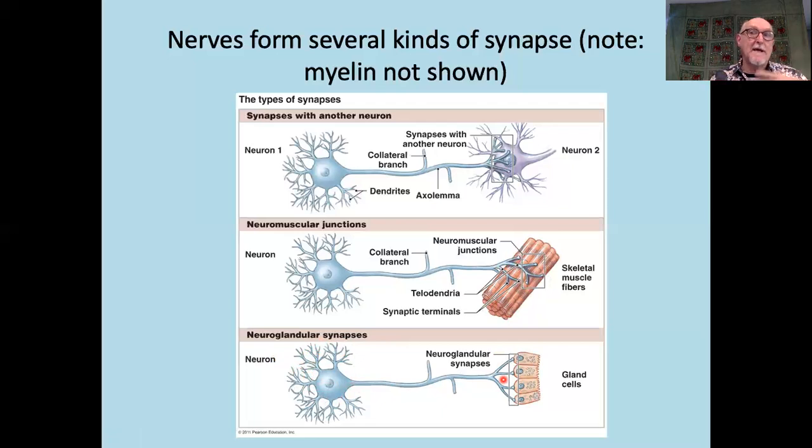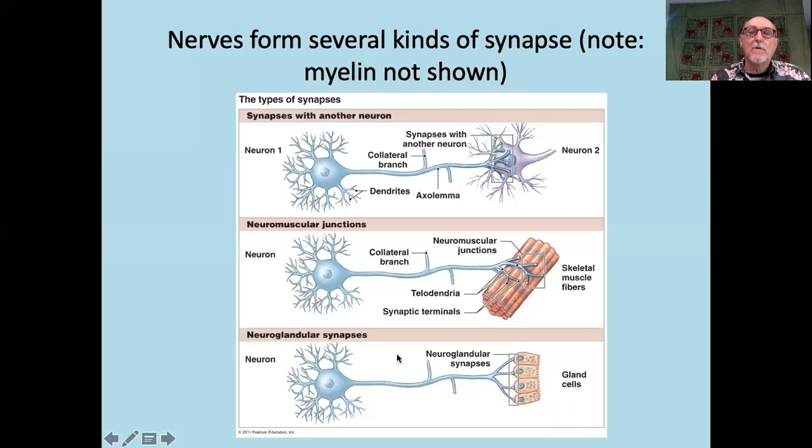That is not voluntary control; it is involuntary control, but nonetheless it is nervous control. Our glands release substances when they're actually stimulated to do so, and that is called a neuroglandular synapse. So this is a synapse with another neuron, this is a neuromuscular junction, and this is a neuroglandular synapse.